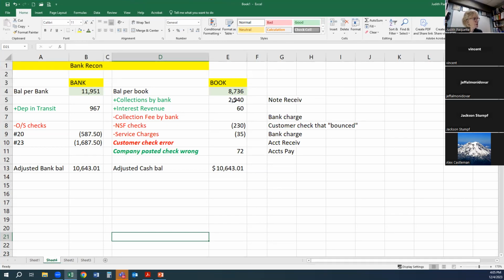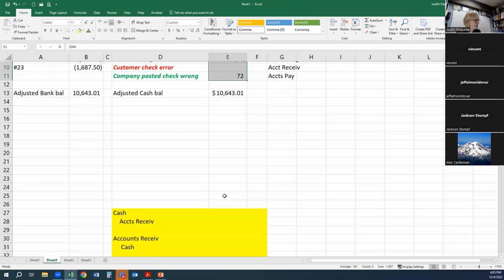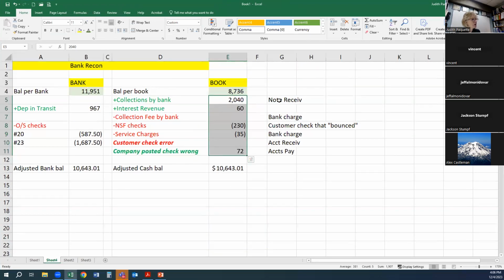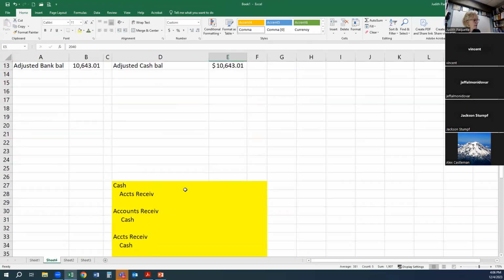Now for journal entries, we're going to do only what's here, only on the book side. We don't make journal entries for what's on the bank side. So here we had a collection by the bank, should be cash, and it should be notes receivable.